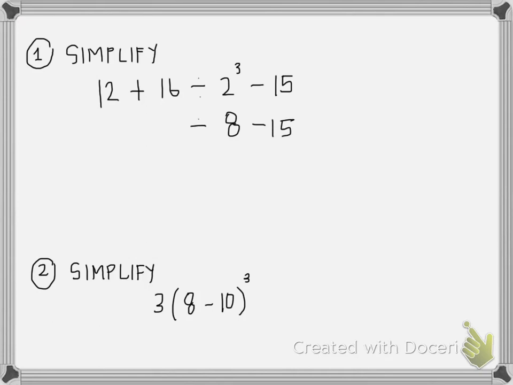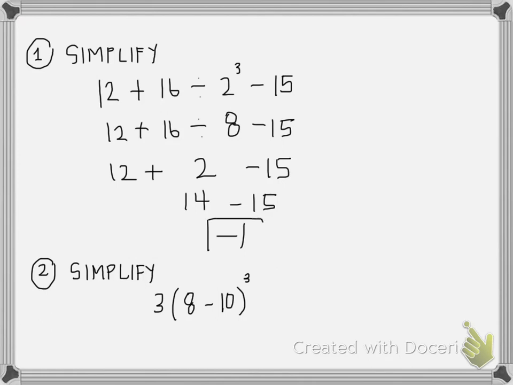Okay, and then I will work the division. So 16 divided by 8 will give me a 2. And now I'll work my addition and subtraction. So 12 plus 2 gives me a 14, and a 14 minus a 15, those are opposite signs. So we will subtract those.